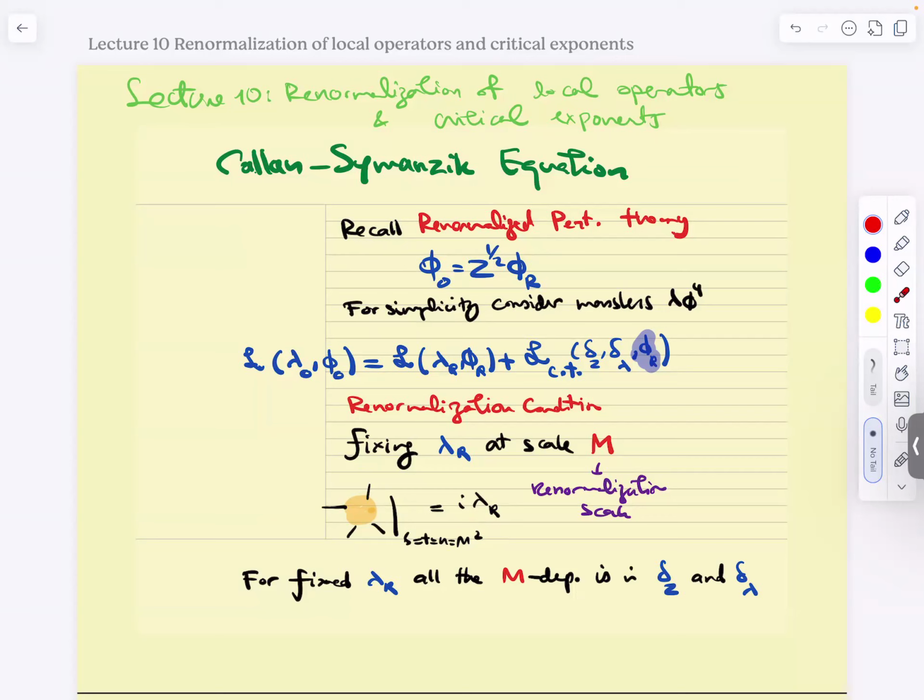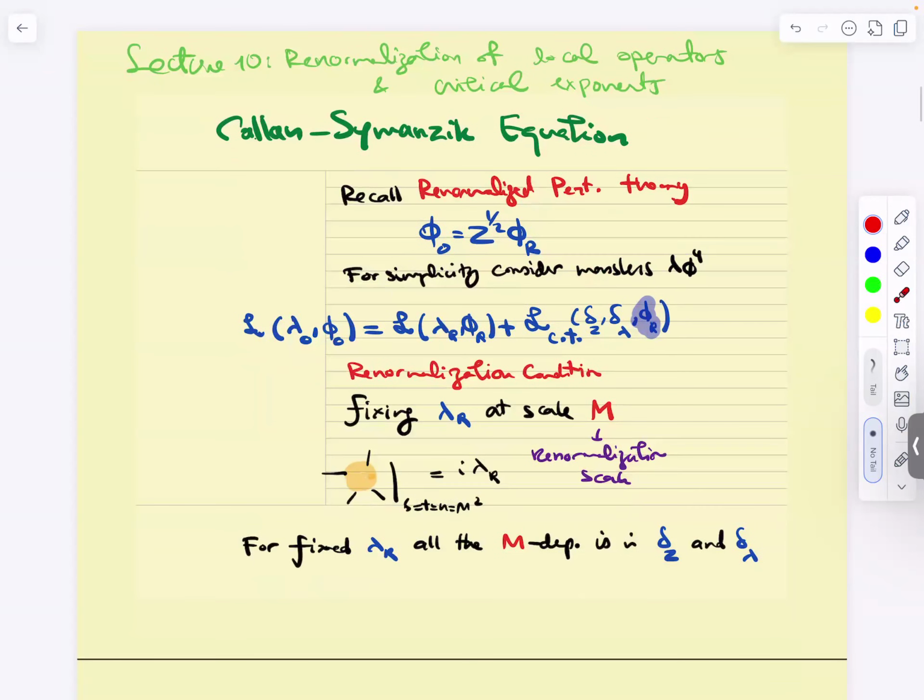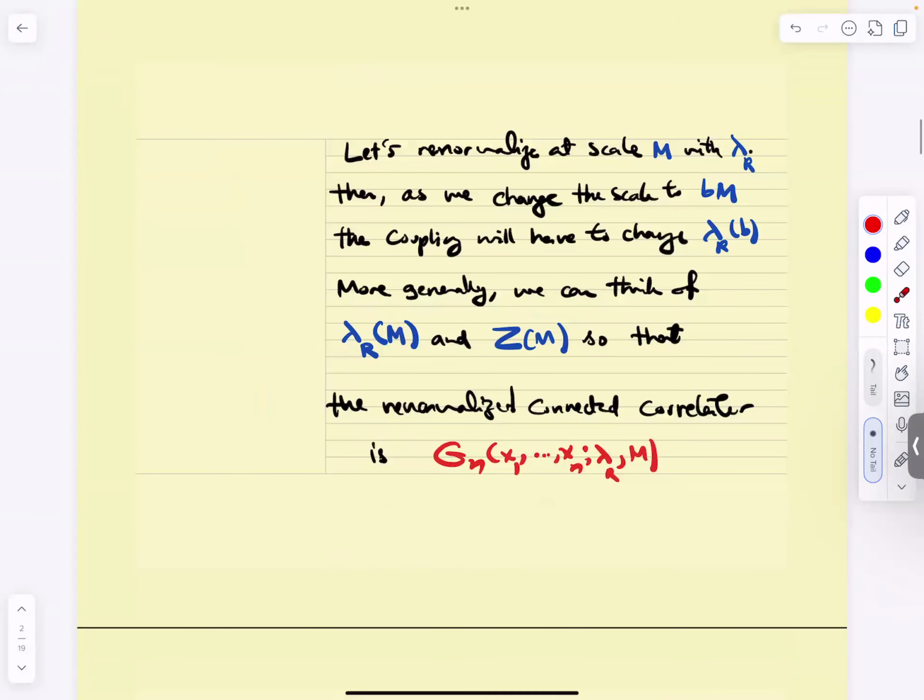This will fix the relation between the deltas and m. So all the m dependence will go into the counter term for the wave function normalization and the counter term for lambda.